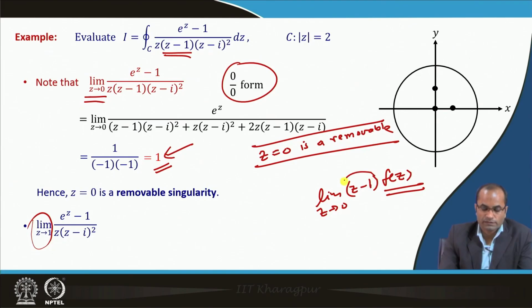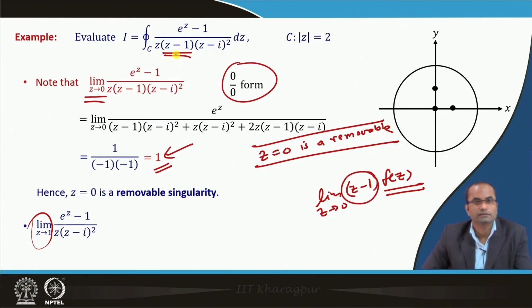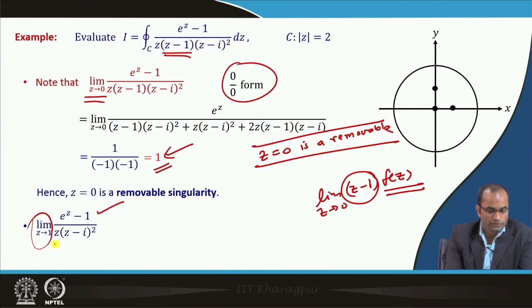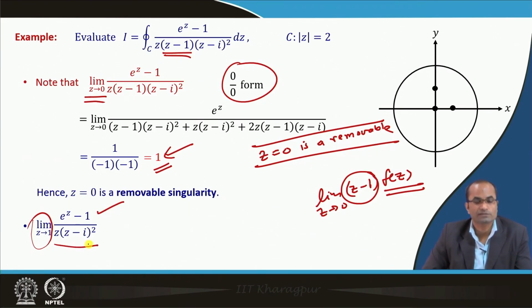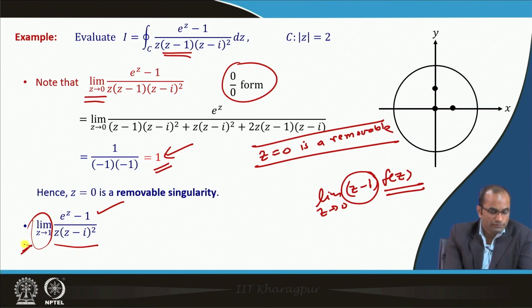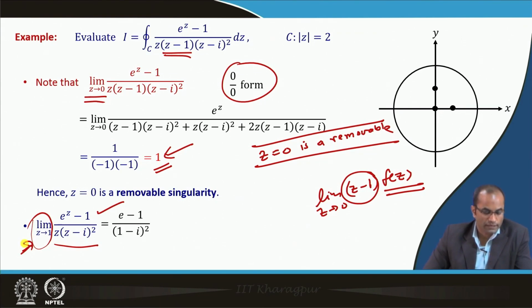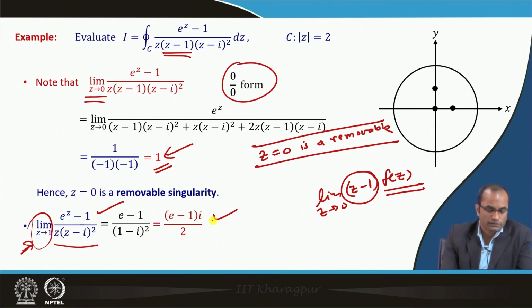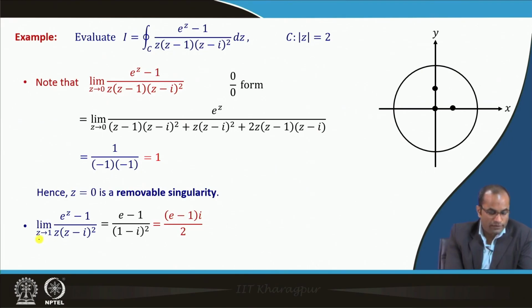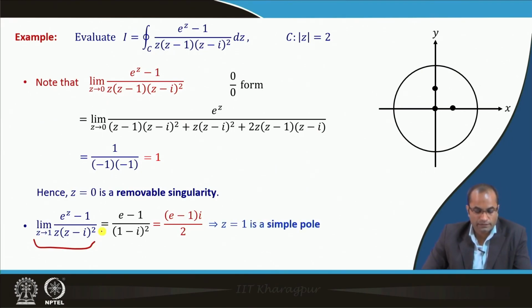That means this z minus 1 will get cancelled from this function, and we have e power z minus 1 over z into z minus i square. If we take this limit, we can substitute directly, and we get the value (e minus 1) i by 2 for this limit. So, it is clearly then that z equal to 1 is a simple pole.